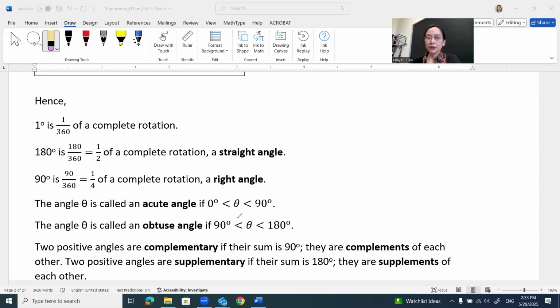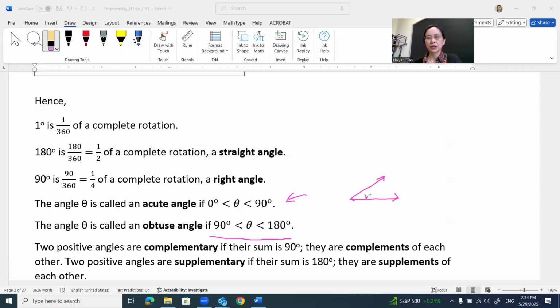Obtuse angle. An obtuse angle is an angle that is bigger than 90 degrees. It is bigger than 90, but less than 180. So if you want to visualize such an angle, let's draw one. What is the acute angle? So for the acute angle, let's think of an angle that is less than 90 degrees. For example, from this.